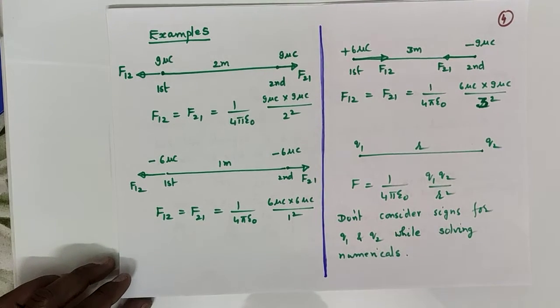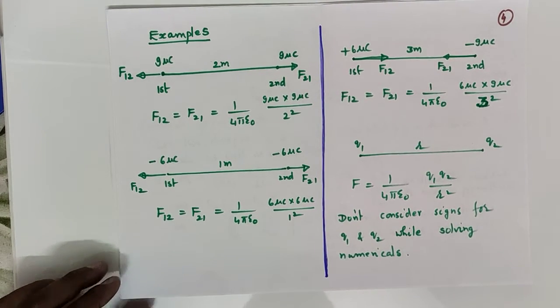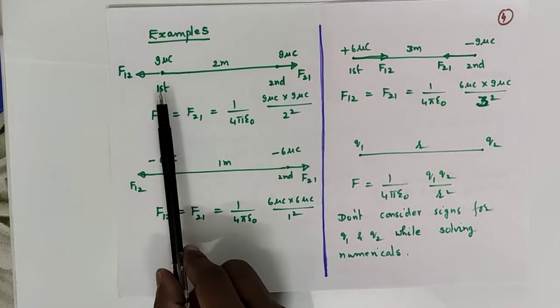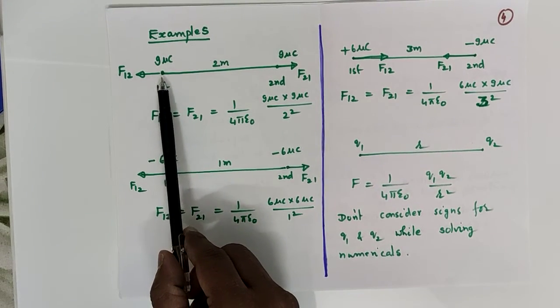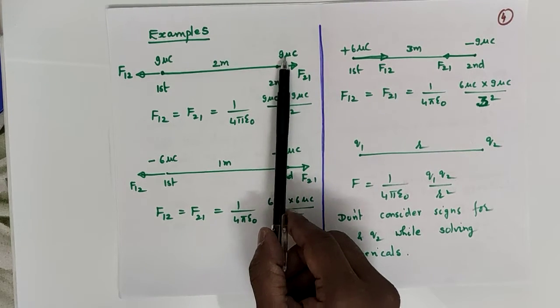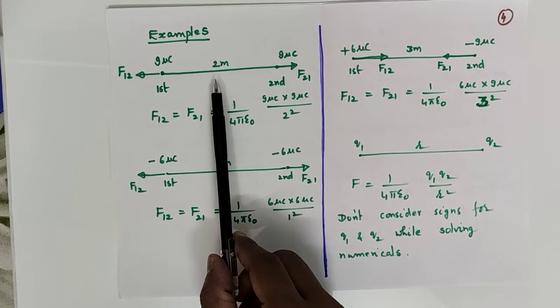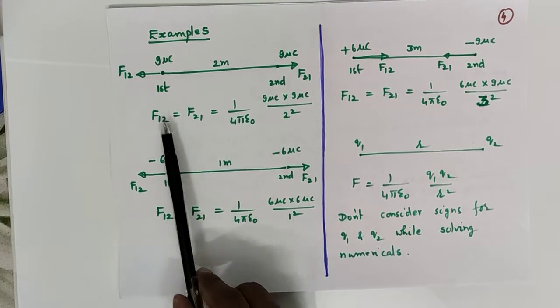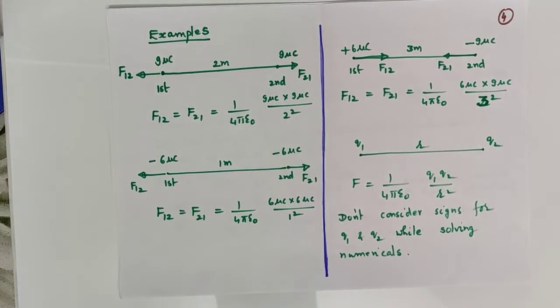Let us see the exact meaning of Coulomb's inverse square law in vector form. So let us take one example. Here we have two charges, 9 microcoulomb and another 9 microcoulomb. Both of them are separated by 2 meters. Let us assume this one as first charge, this one as second charge.